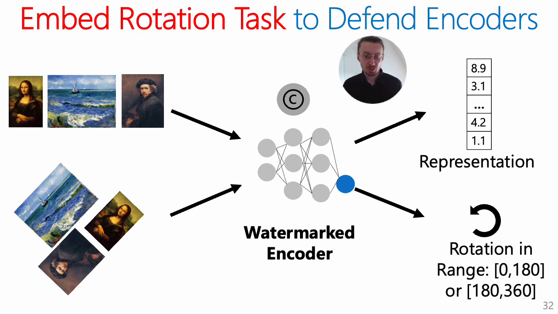Whenever we tune the parameters of the rotation task, we also adapt all the other weights in the encoder. As a result, the watermarked encoder and its stolen copy return not only embeddings, but also the correct rotation range. So if an encoder is not watermarked, then it cannot really predict correctly what is the rotation of a given input. However, with this additional task embedded into the encoder, we have this additional feature which is hidden within the encoder, and it can act as the watermark.